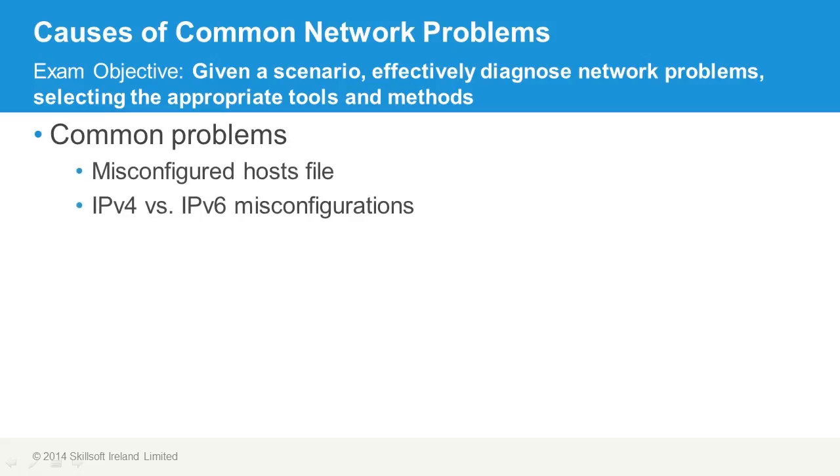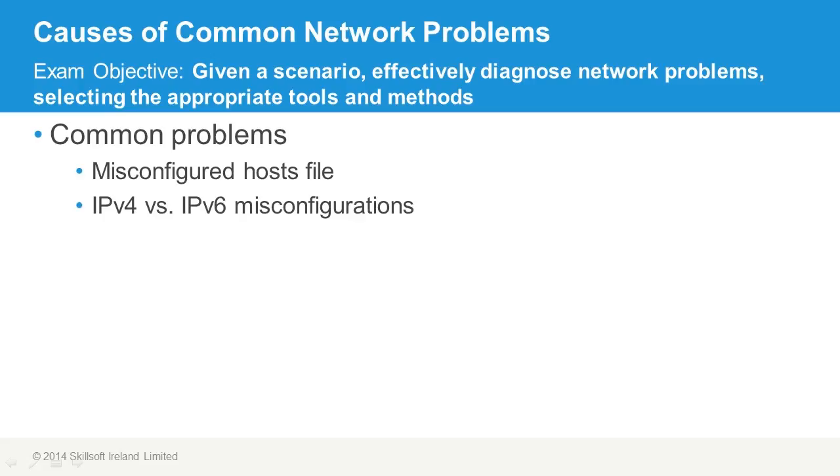Now, misconfigured host file. If you are using DNS, then you probably don't refer to your host file very often. But if you have a few systems that are particularly important, you always want to make sure you can resolve their names. You can enter them into a static text file that has the resolution of this name to that IP address, locally stored in your own system in what's known as the host file.